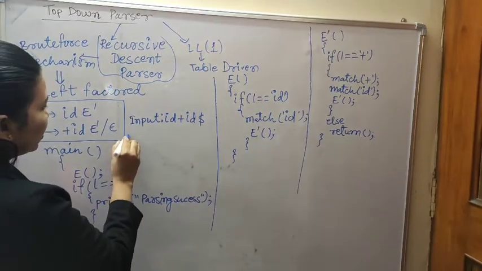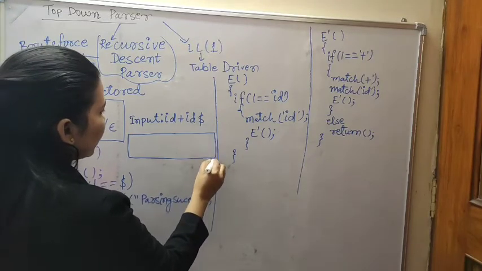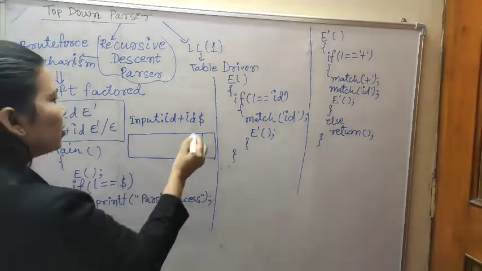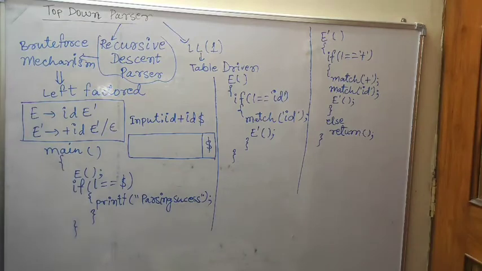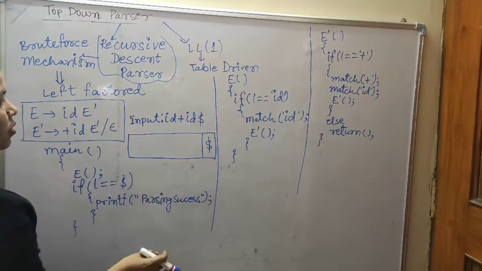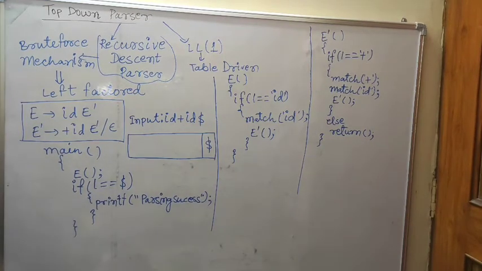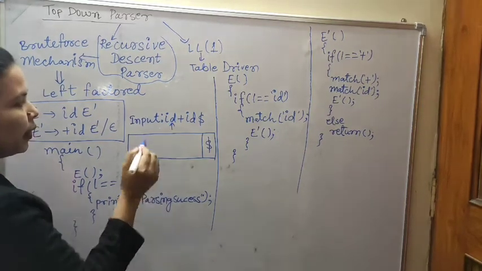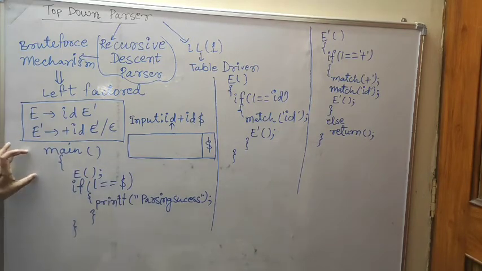This is the recursion stack, and at the end of the recursion stack we will add dollar. Now we will see here what is given in the input. id. So our look ahead is id. So we are going first to the main function.